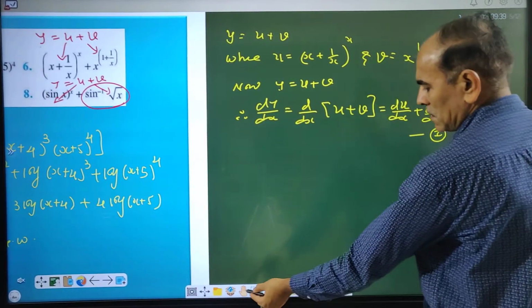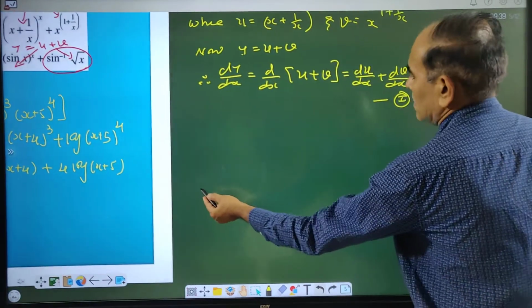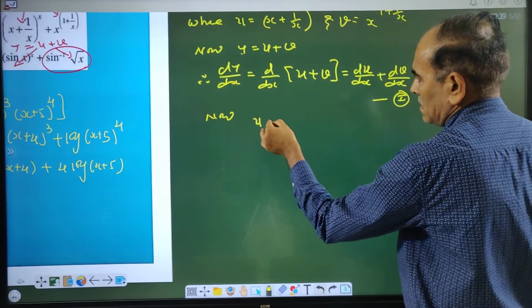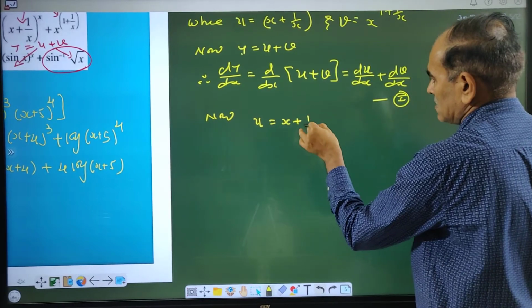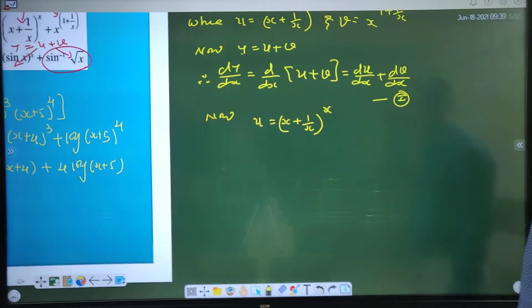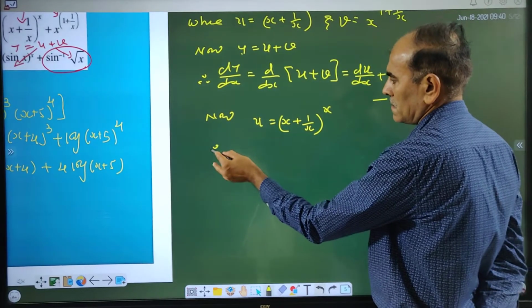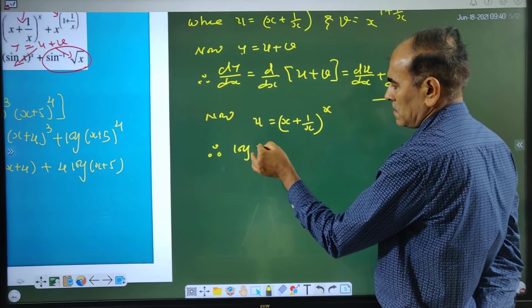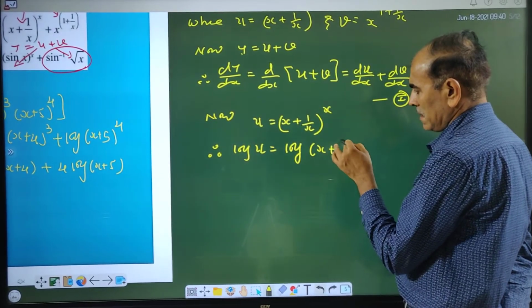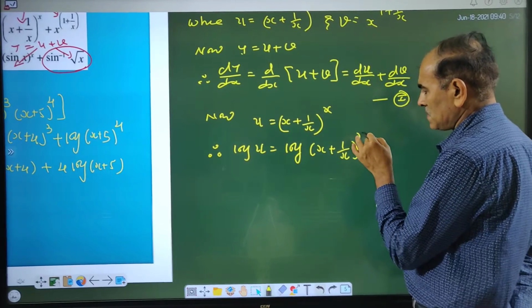Now solve u and v. What is u? u is equal to (x plus 1 by x) to the power x. So once again take log on both sides. And therefore log u is equal to log of (x plus 1 by x) to the power x.